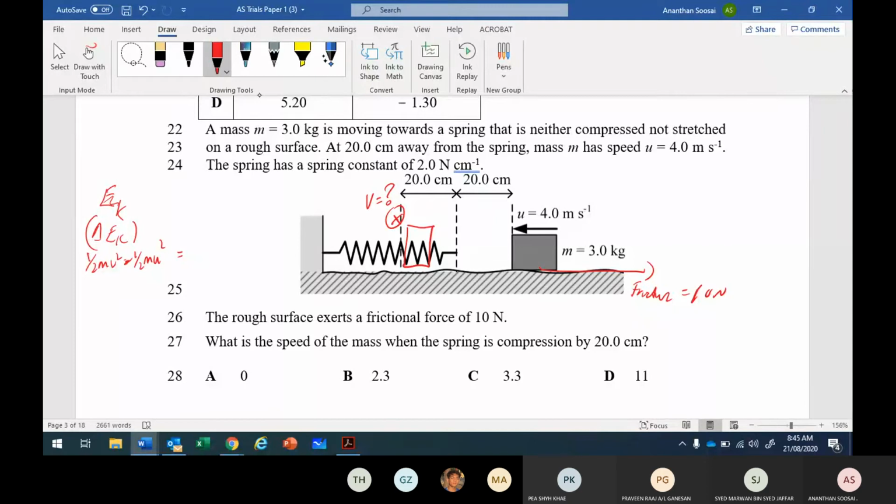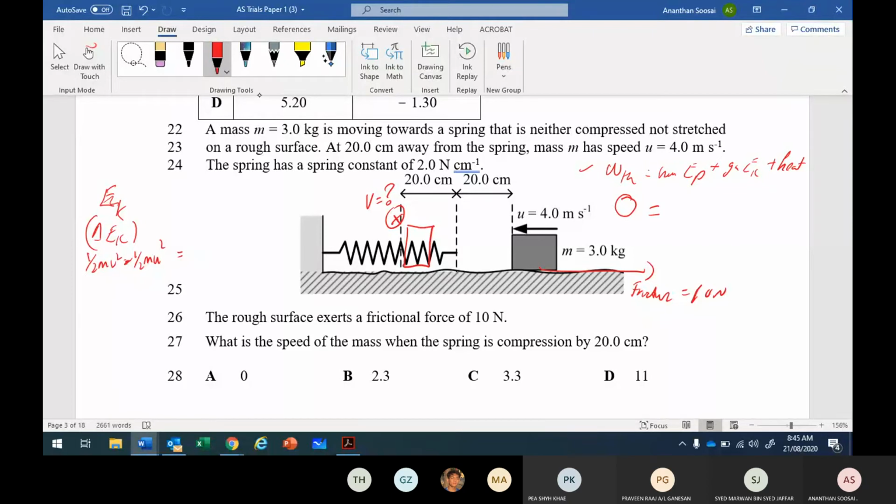Sorry, we can use this: work done by the thrust equals the gain in potential energy, here the elastic potential energy, plus the gain in EK and heat. Work done by the thrust in this case? Is there any thrust? No thrust, so the work done by the thrust is 0.